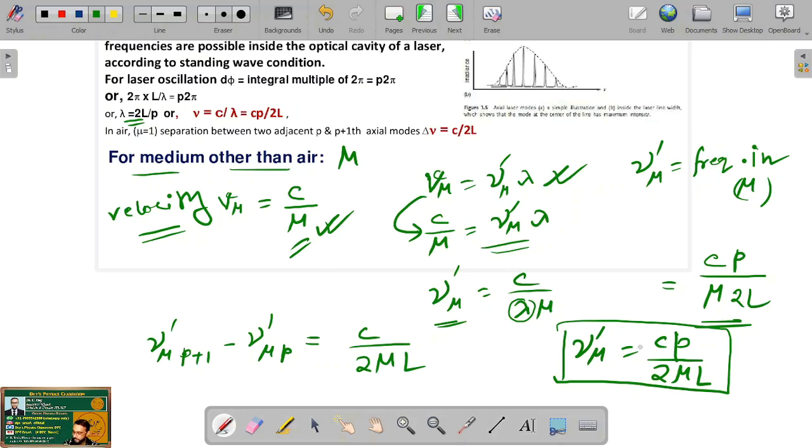Now here also we can calculate the distance between two consecutive such modes.